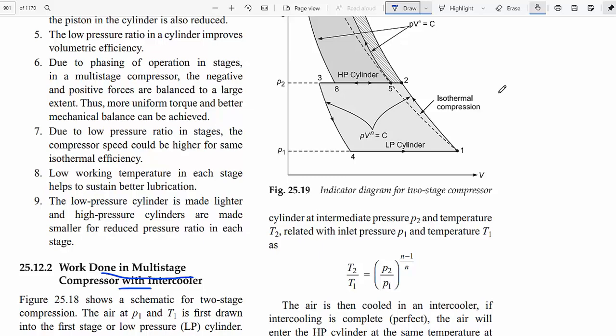here also the same concept applies, because in single compression we can't compress to a very high pressure. During the compression process temperature rises, because pressure is directly proportional to temperature, and when temperature rises, density decreases. If density decreases, mass flow rate or discharge decreases.